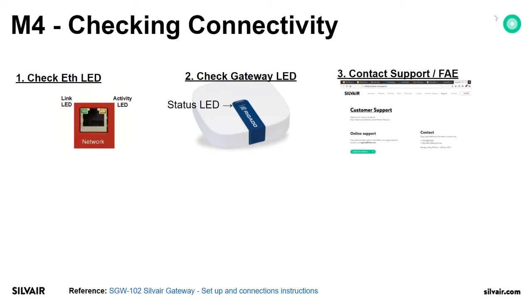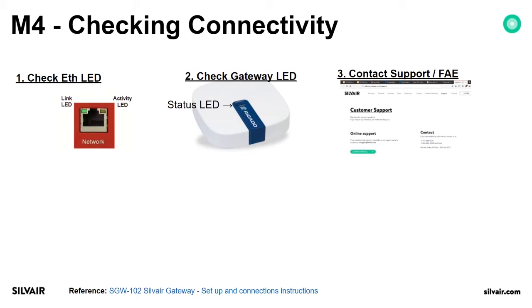The gateway is equipped with status LEDs. You can also check LEDs on the network connectivity port. In case of any issues, you can contact support or our local FAE, field application engineer.